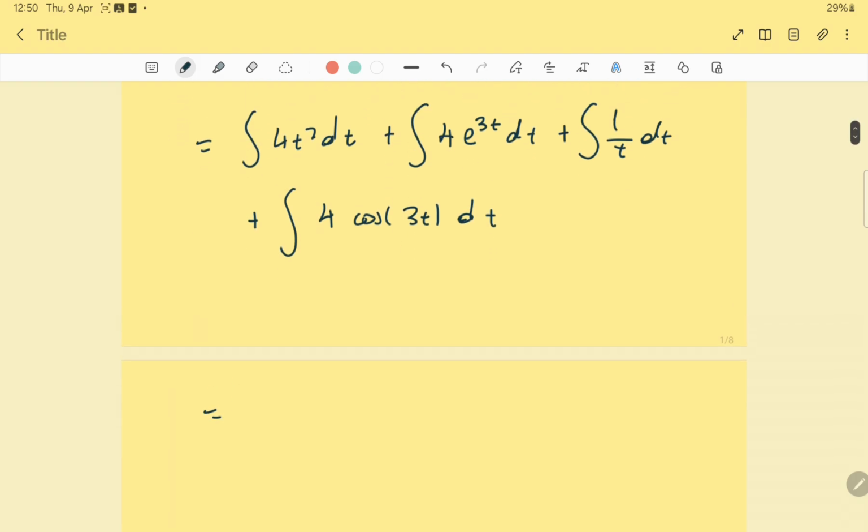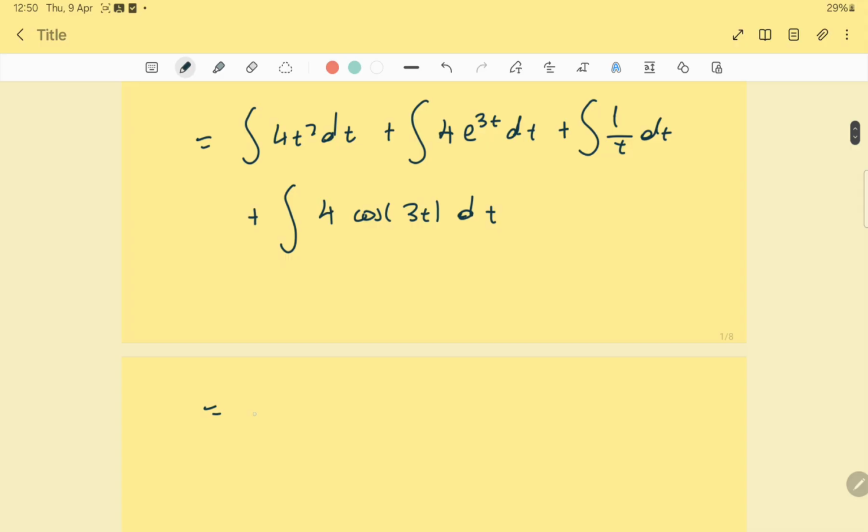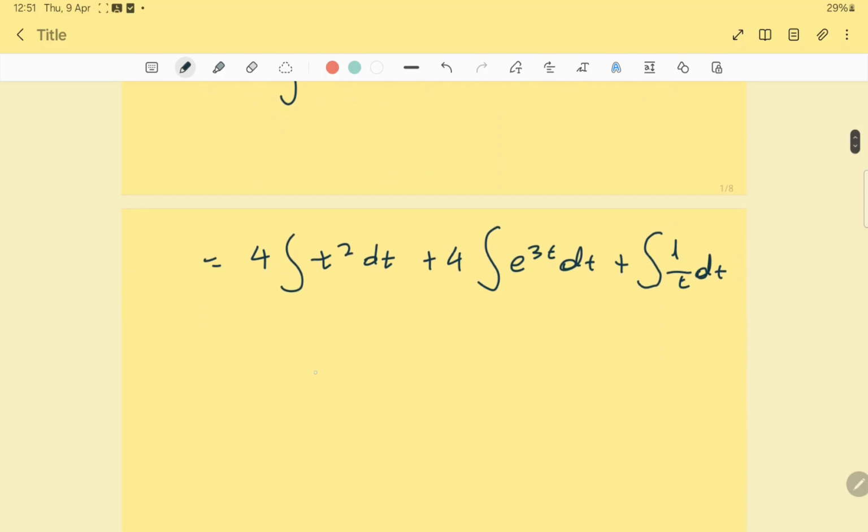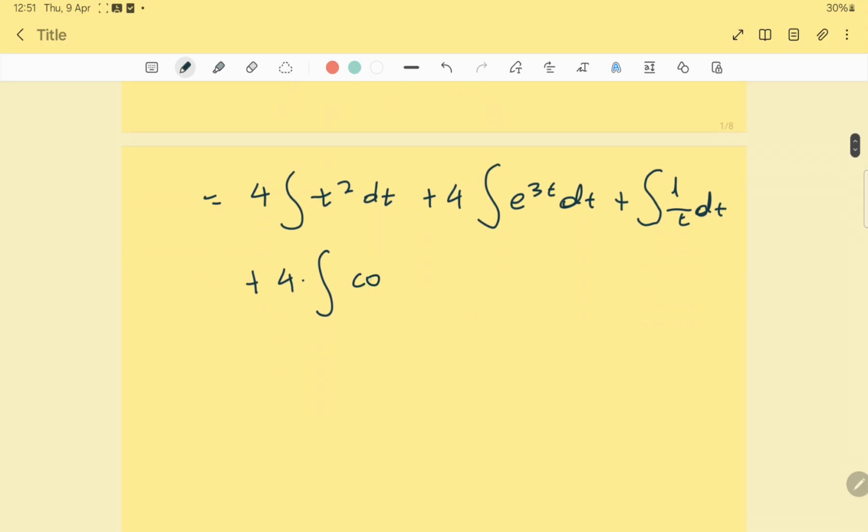The constant can go outside the integral, so it's going to be 4 integral t squared dt plus 4 times the integral e to the power of 3t dt plus the integral of 1 over t dt plus 4 times the integral of cos 3t dt.